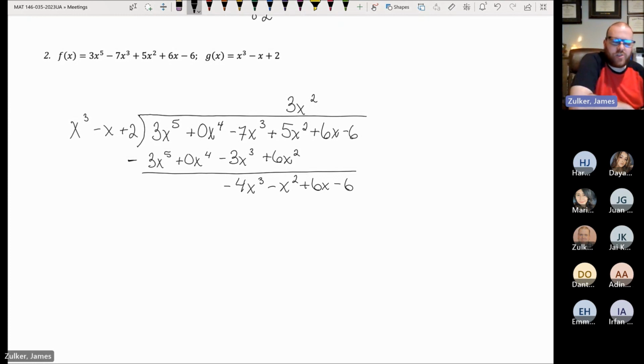Then we subtract them, we should be left with negative 4x cubed minus x squared plus 6x minus 6. Yes, okay.